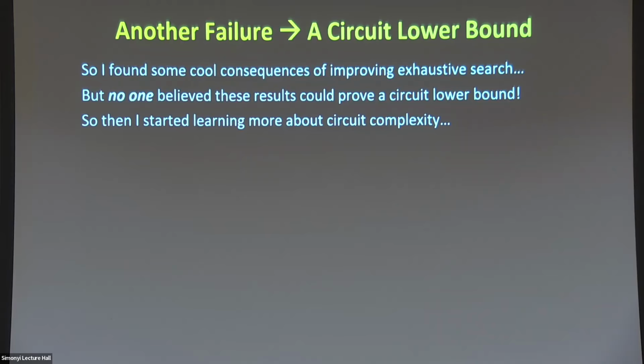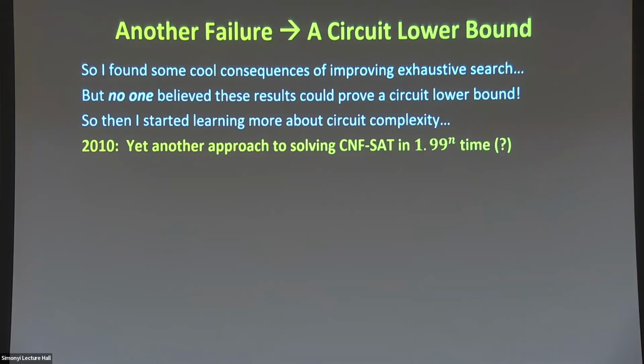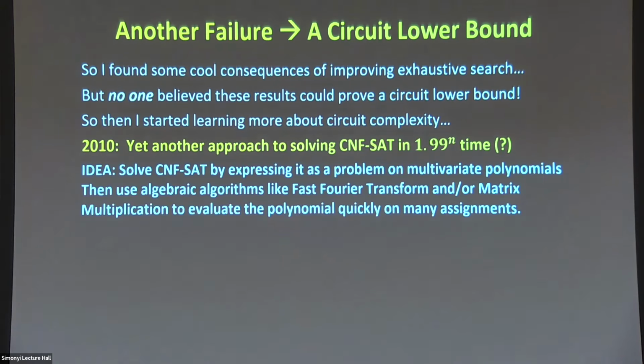Then in 2010, I had yet another approach to trying to solve CNF SAT faster than 2^n time. The high level idea was I was trying to express the SAT problem as some algebraic problem, some problem of multivariate polynomials. Then I wanted to use fast matrix multiplication or FFT, things like this, to evaluate this polynomial quickly and somehow speed up the search in one way or another.